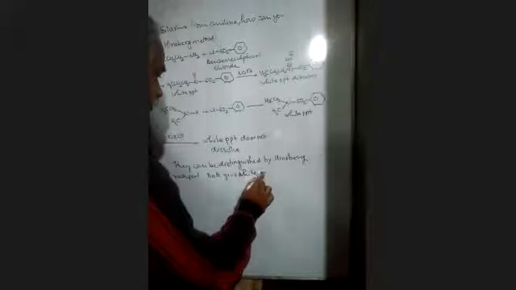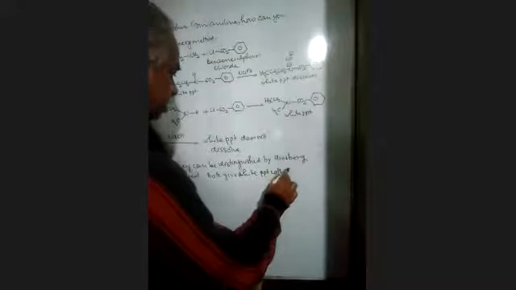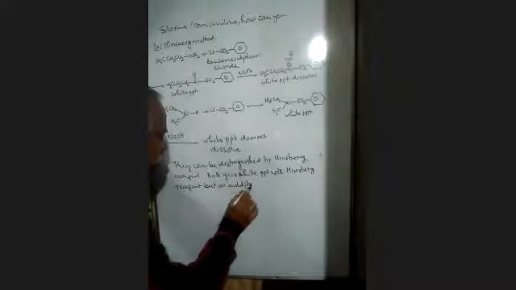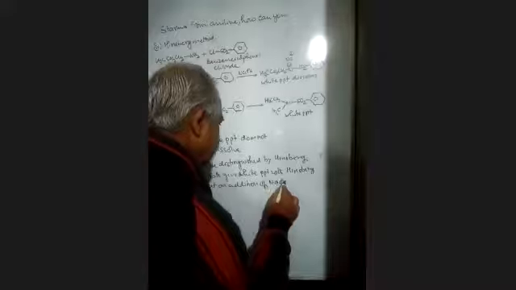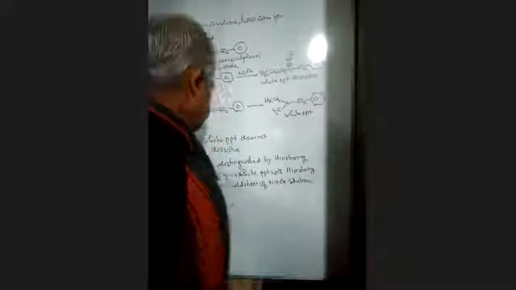Both give white precipitate with Hinsberg reagent, but on addition of sodium hydroxide solution, the white precipitate of CH3CH2NH2 dissolves.